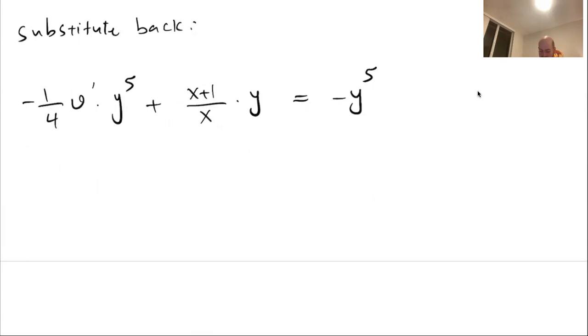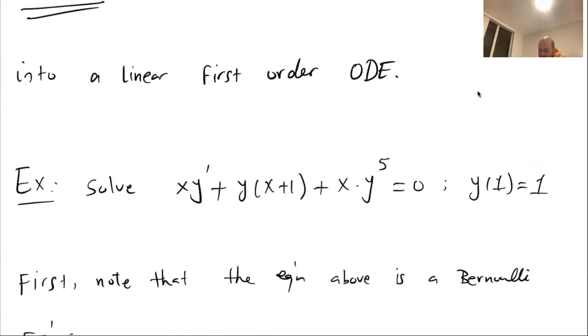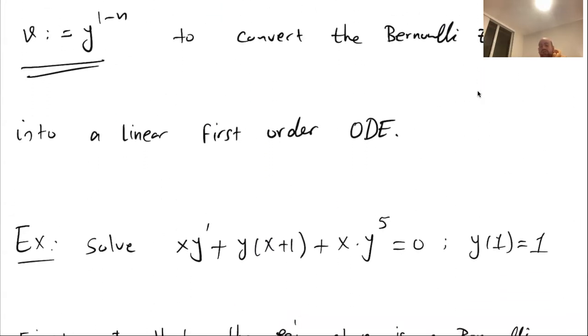Now, if I divide everything by y to power 5, assuming it is non-zero, well, it is non-zero because y of 1 was given as 1. So y cannot be the constant function 0, because the constant function 0 would always be 0.